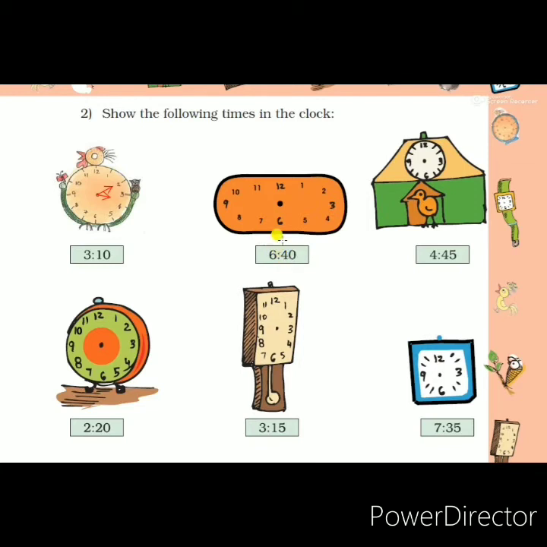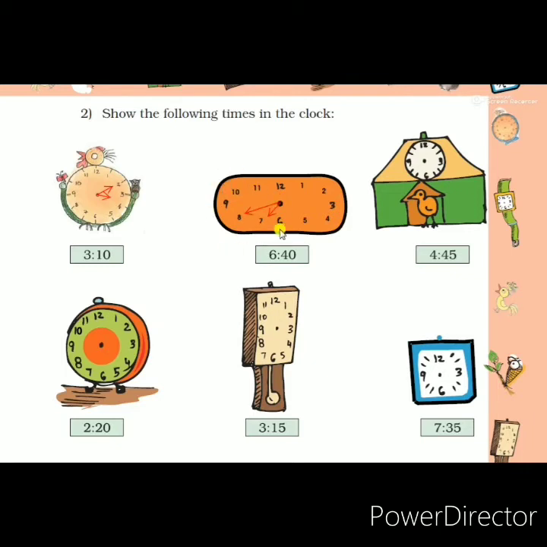So we have to show the hour hand on 6, not exactly on 6. 6:40 means it is more than half of 6, so the hour hand will be somewhat near 7. For the minute hand we take the table of 5. 5 1s are 5, 8 5s are 40. So where should the minute hand be? The minute hand should be at 8.